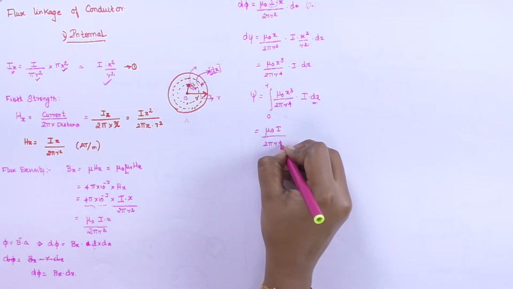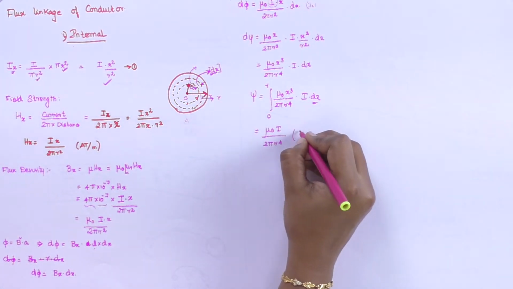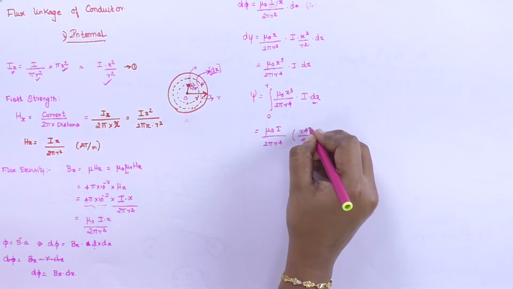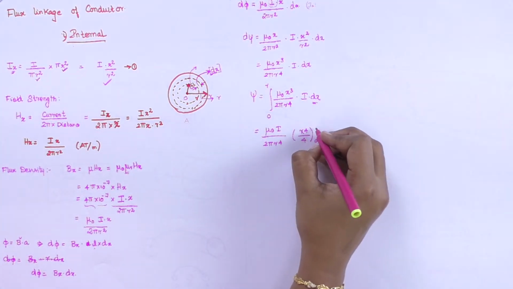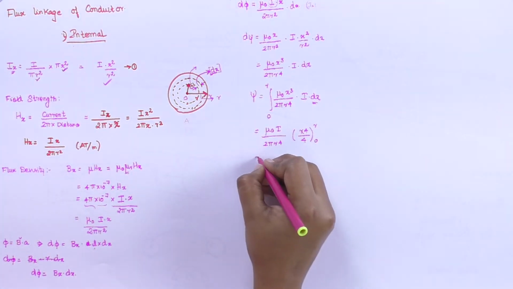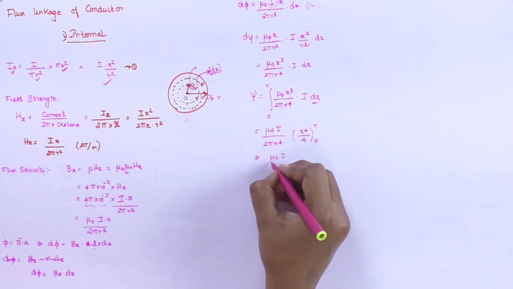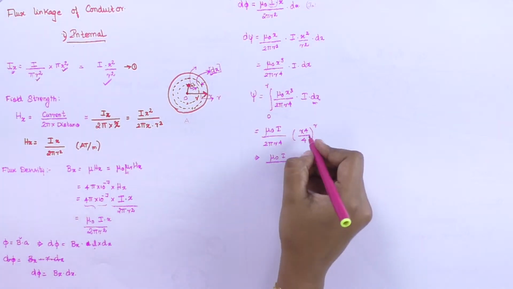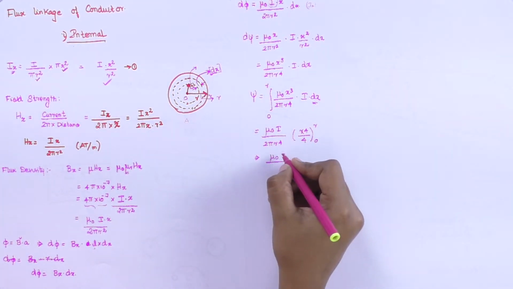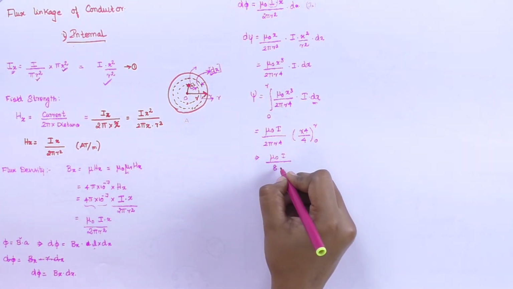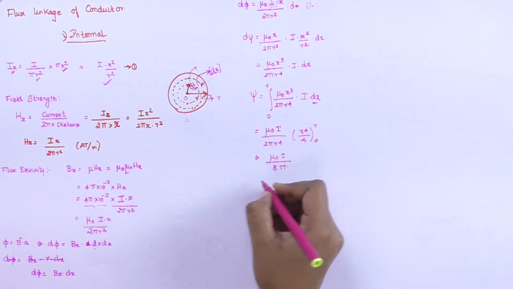2 pi r power 4 into integral of x cube is x power 4 divided by 4 with the limits 0 to r, which is therefore mu naught I divided by, this r power 4 will get cancelled, and 4 into 2 is 8 into pi.